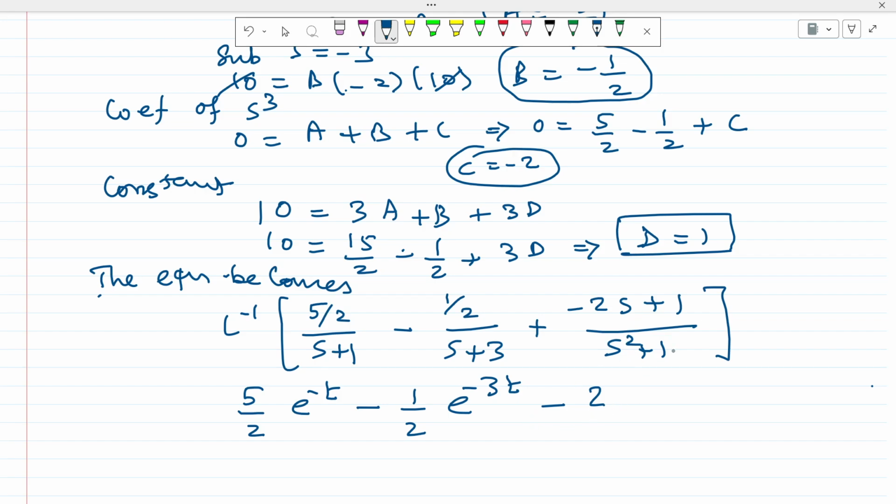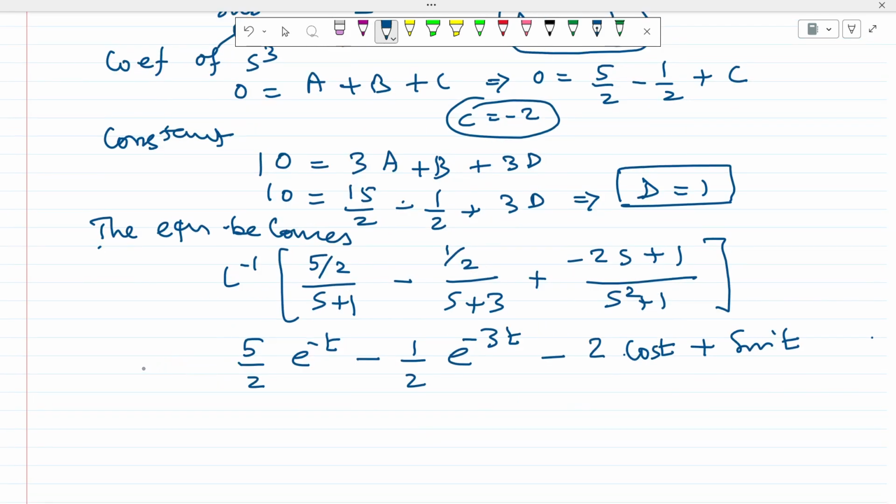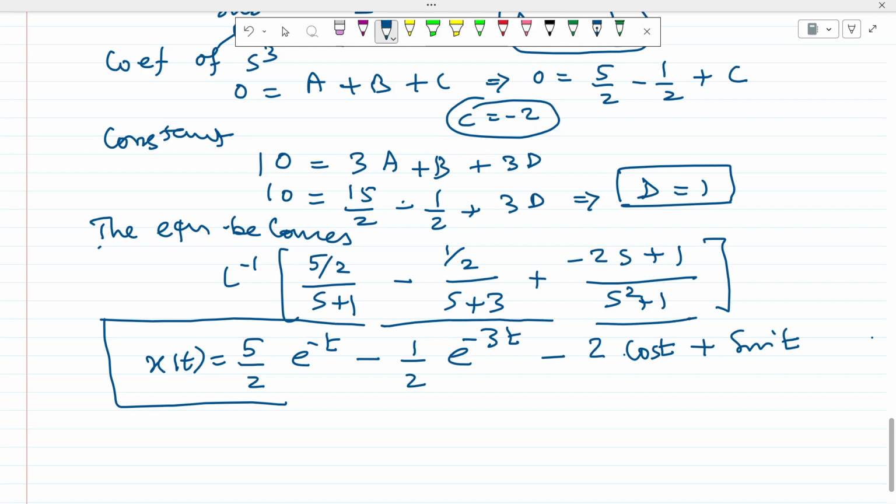So minus 2s by s square plus 1 is cos t, plus 1 by s square plus 1 is sin t. What is the value of this? x of t equal to 5 by 2 e power minus t minus 1 by 2 e power minus 3t minus 2 cos t plus sin t.